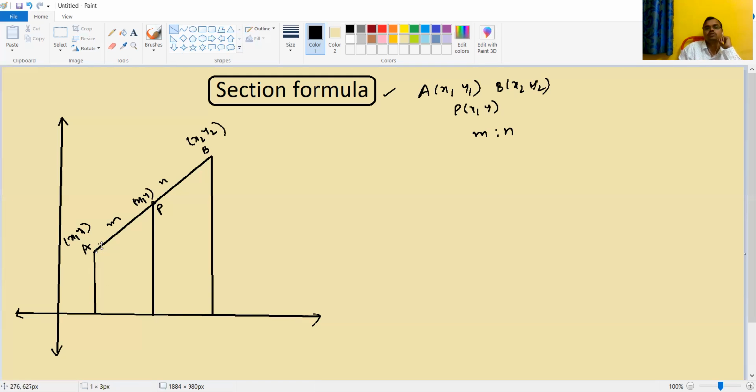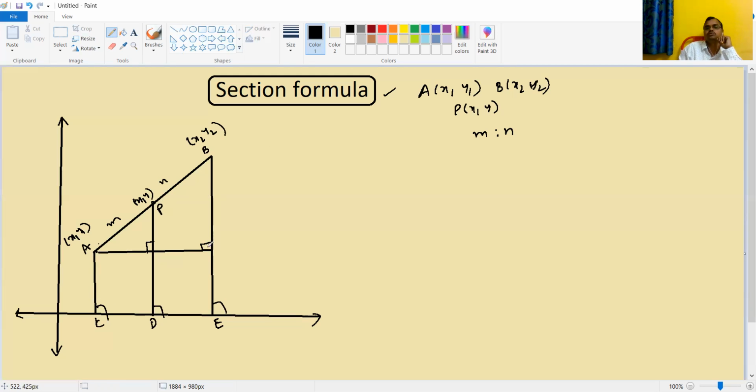Again, name the feet of the perpendiculars as C, D, E. And from A also drop a perpendicular to the other perpendiculars which are onto the x-axis.